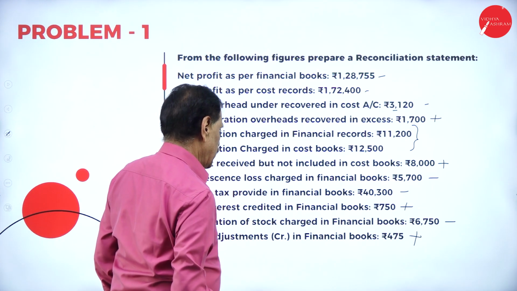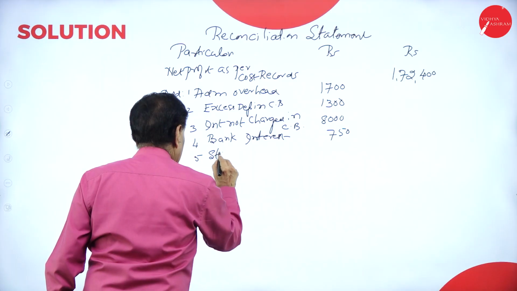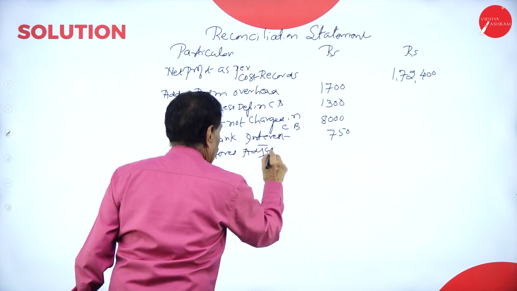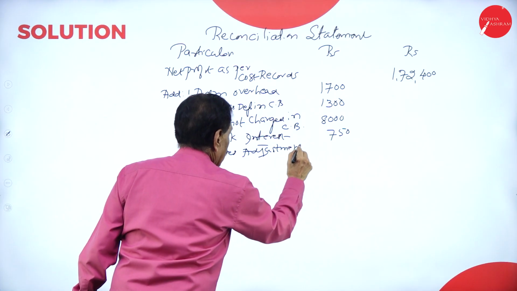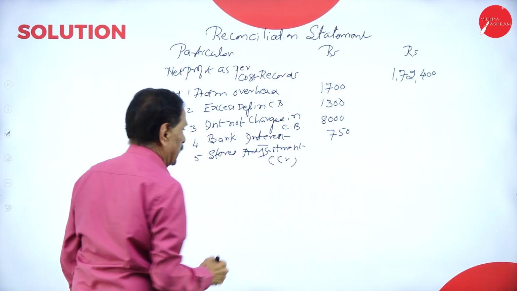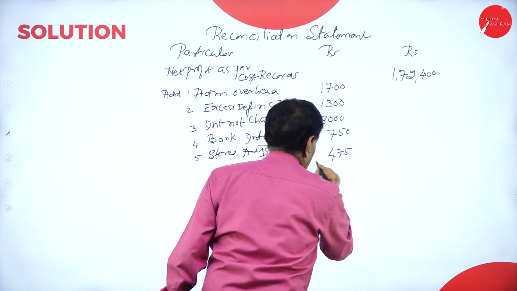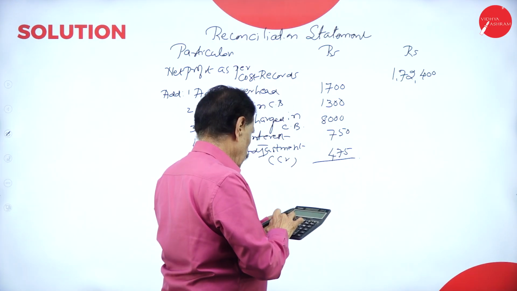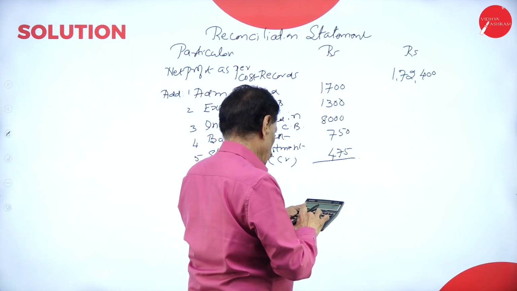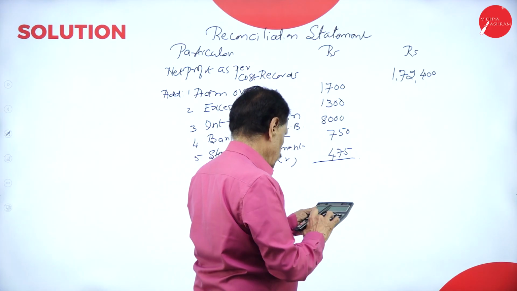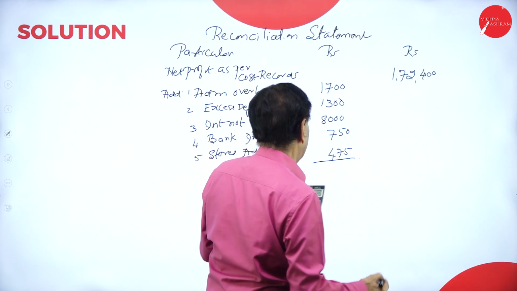Store adjustment creditor, stores adjustment credited 475. Add 1,700, 1,300 plus 8,000, 12,225.